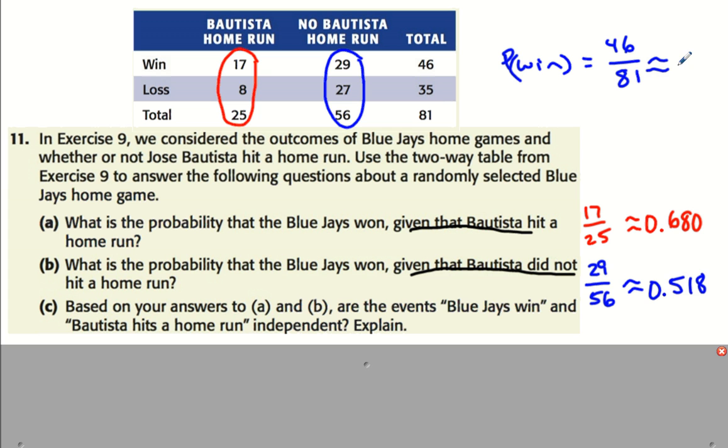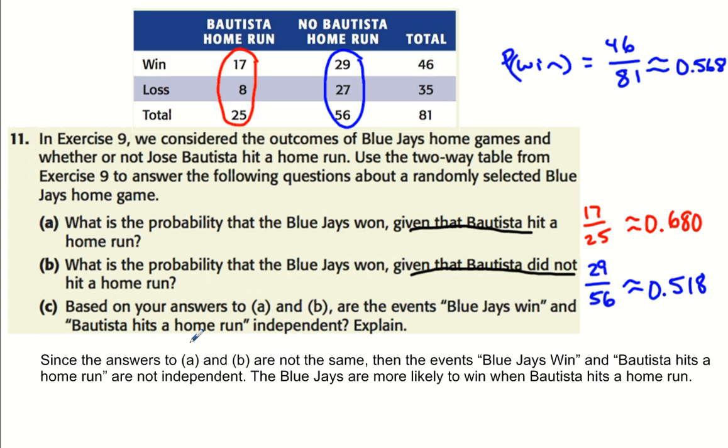So are these all the same? If it is an independent set of events, these should all be the same. The probability of getting a win, or of getting a win given a certain circumstance, or given not a certain circumstance, these should all be the same. But they're not. So these are not independent results.